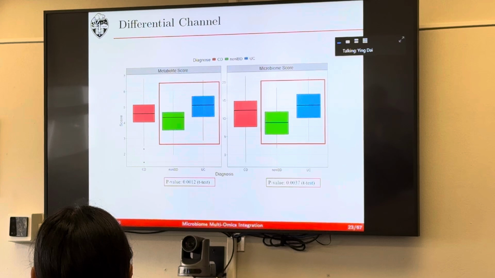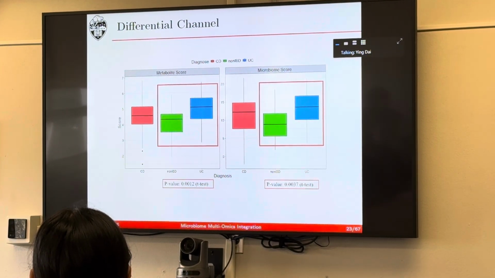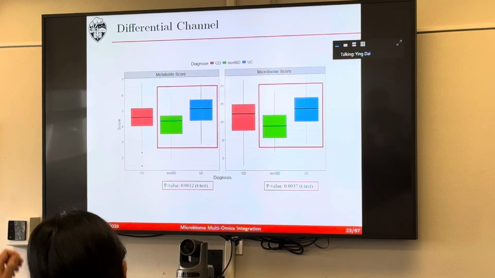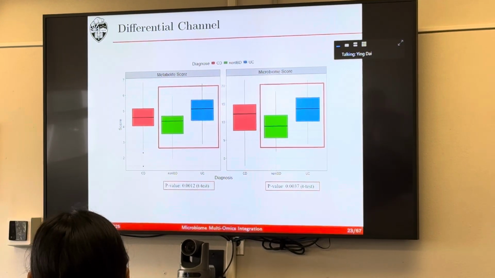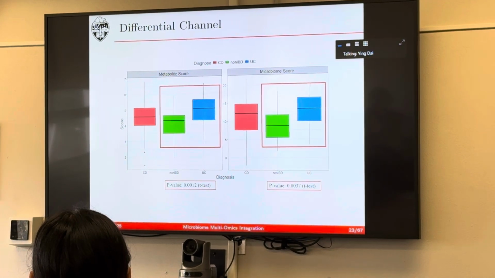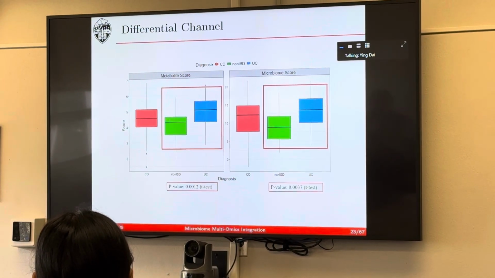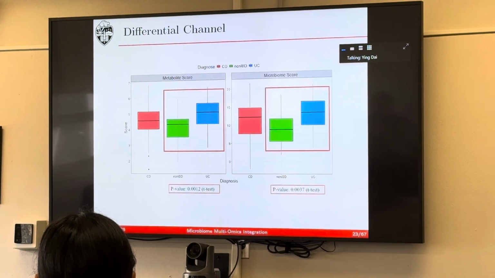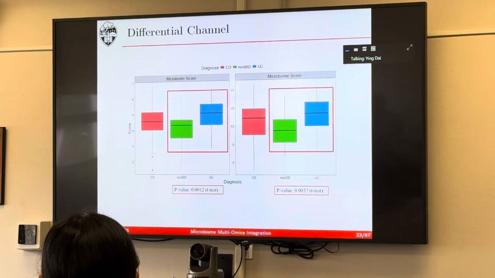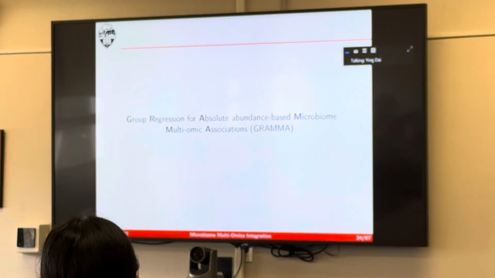So we did do the t-test there, and we do find significant p-values there. So in future study, we have the components of these 2 scores, and we have loadings for these 2 scores. And we could look in detail at what metabolites or what microbes actually make this change. So that's about my first project.